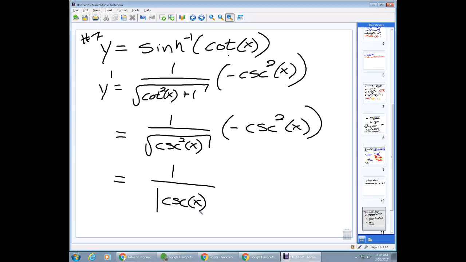Then I'm going to put the negative out front. I wish that 1 wasn't there. Oh well, I'm just going to write over it. I can't write today. I'm going to write cosecant squared as cosecant times cosecant.